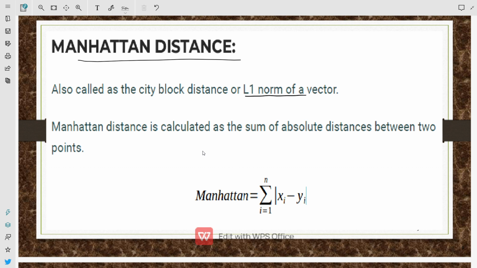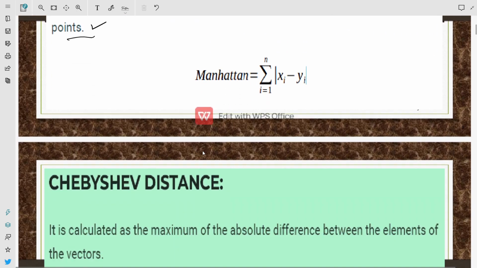Manhattan distance is calculated as the sum of the absolute distances between the 2 points. Just remember this definition itself. While solving the problems, you can easily understand what Manhattan distance is. So simply make a note that Manhattan distance is the L1 norm of the vector, calculated as the sum of the absolute distances between 2 points. Okay, so this is what the Manhattan distance is.